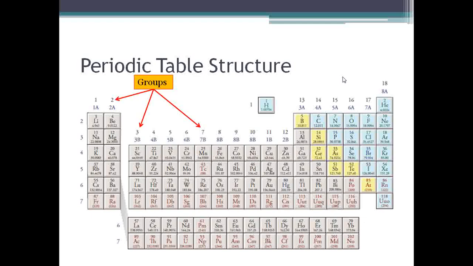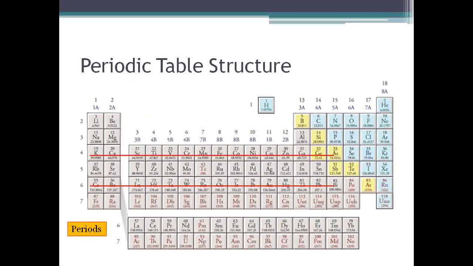Just to recap, I also pointed out to you that the elements are arranged in groups, and these groups have similar chemical properties, that is, they react the same, and that the periodic table is also laid out in periods, that is, rows, and each of these rows is numbered. So this top one here is number 1.